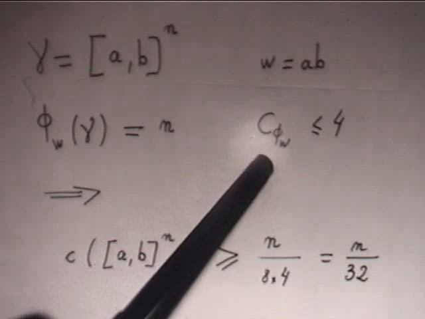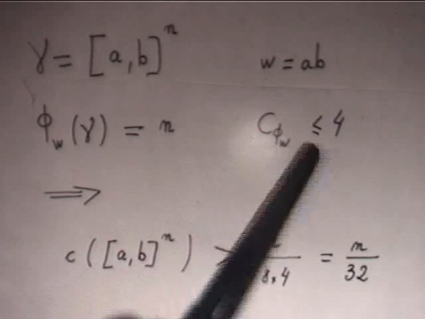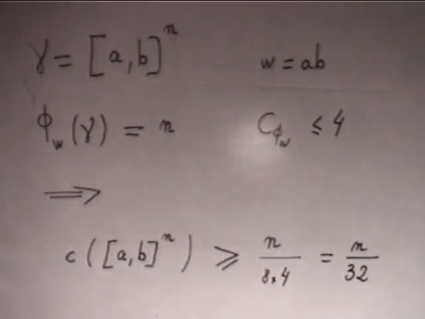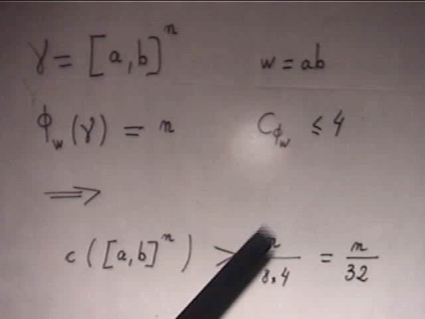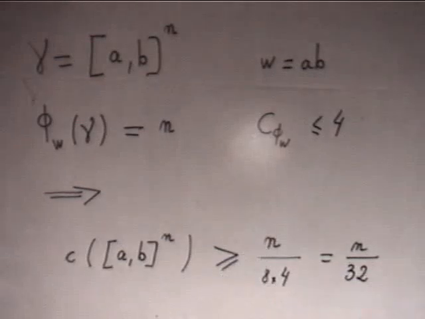Now the constant corresponding to this, I told you it's twice the length of the word, it's 4. So if you apply the inequality I gave you in the earlier transparency, you get that the commutator length is at least n divided by 4, n over 4. So you do not get the bound I told you, n over 2, because I was not cautious in choosing the correct W, the correct word, the correct homomorphism.